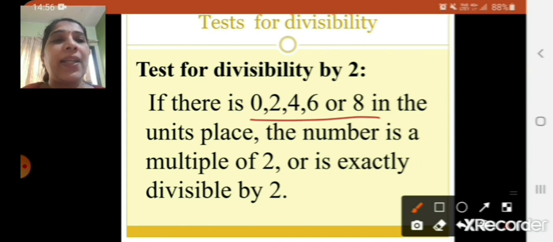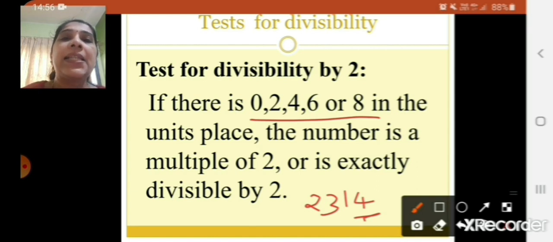Now suppose I take the number 2314. In the units place, 4 is there, so 2314 is divisible by 2. You need not carry out the division. Directly by seeing the units place, you can recognize that it is divisible by 2, right?